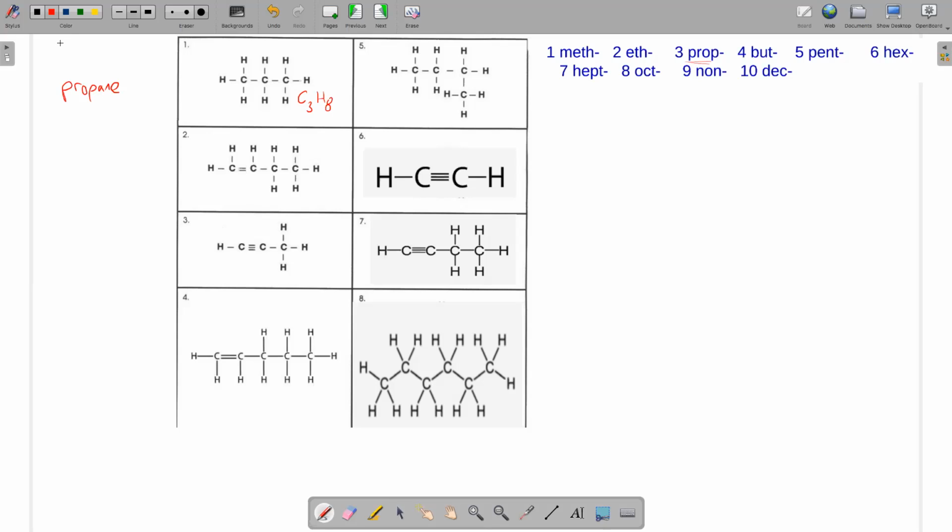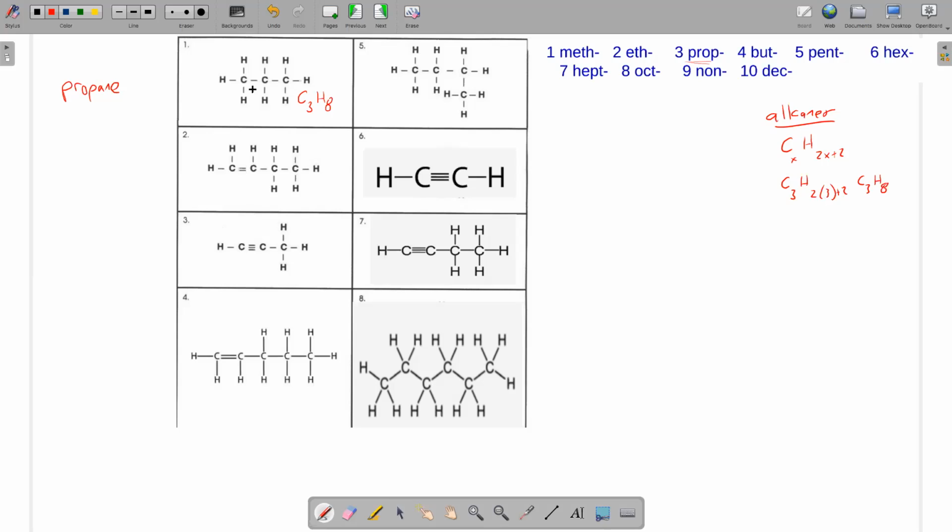The generic formula for alkanes is CxH2x+2, meaning however many carbons there are, the number of hydrogens is double that plus 2. In this case, if it's C3, it has to be H2 times 3 plus 2, and 2 times 3 plus 2 is 8, so C3H8. So the chemical formula is in accordance with the naming rule for alkanes.